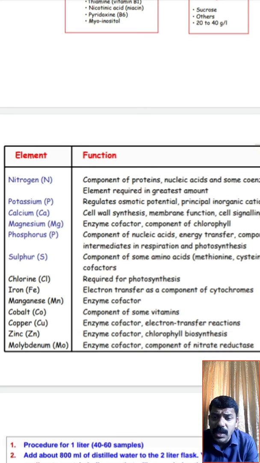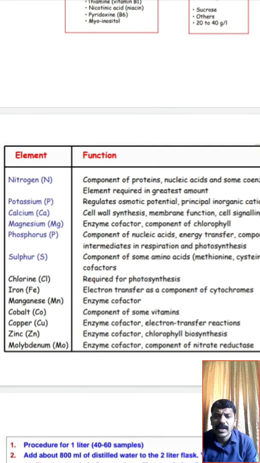If we talk about their uses, then nitrogen is the source of proteins, nucleic acids, so it is requirement. Potassium regulate the osmotic potential. Calcium required for cell wall synthesis, because you are growing an entire plant which is available in the field in the laboratory, so you have to simulate all the conditions which is available in the actual outside our laboratory.